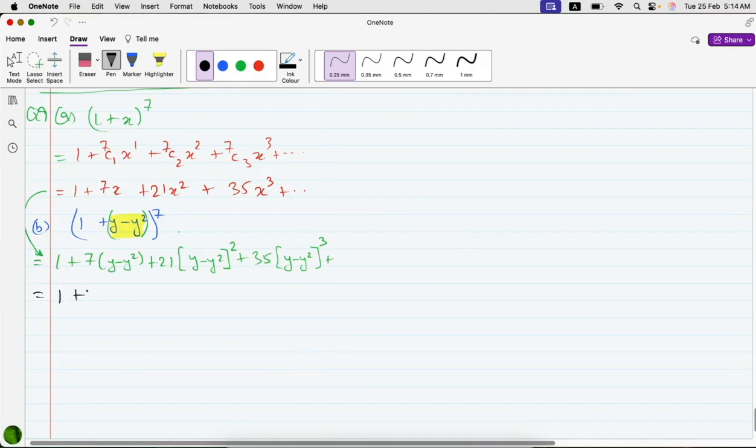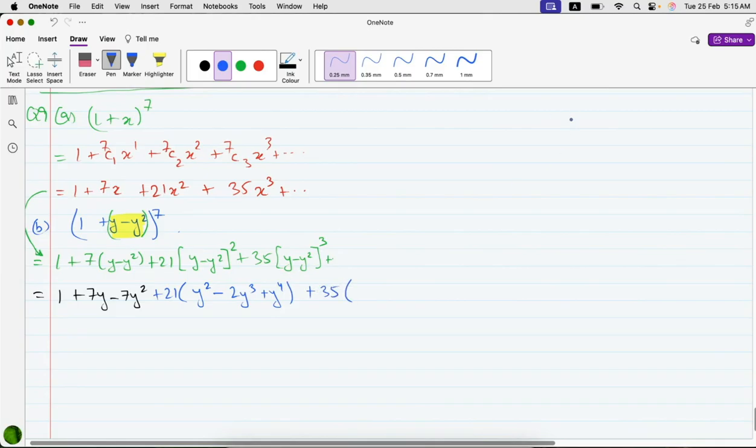1 plus 7y minus 7y squared, plus 21. Now we open the square, that's a squared minus 2ab plus b squared. Plus 35.